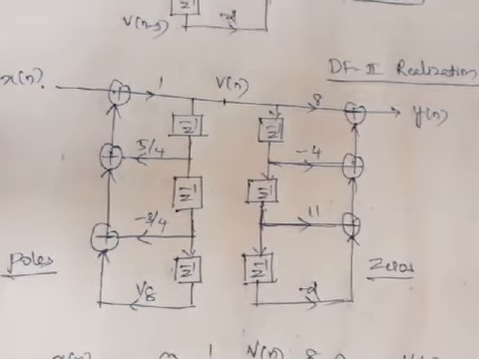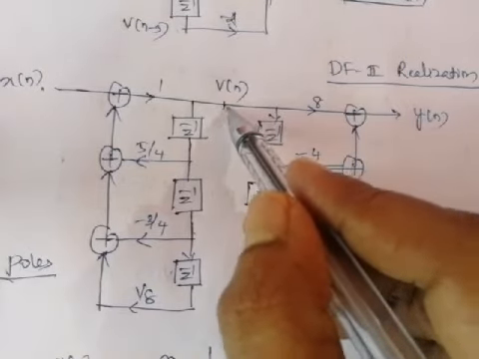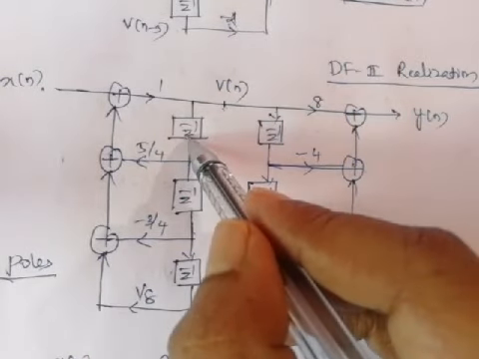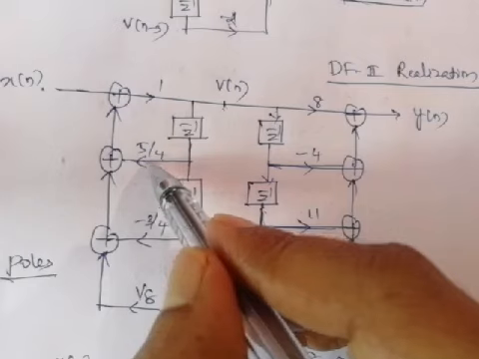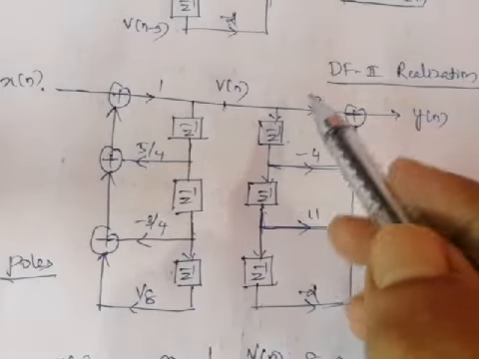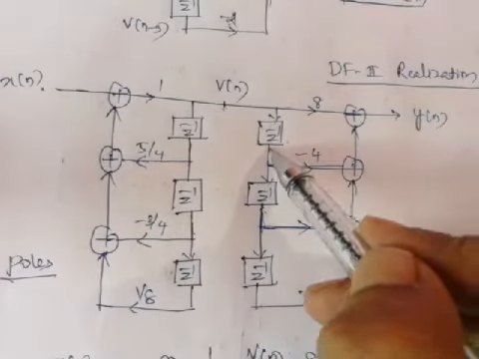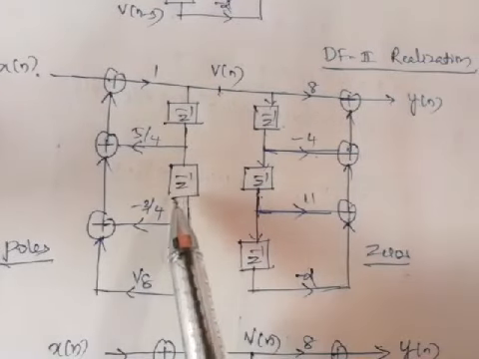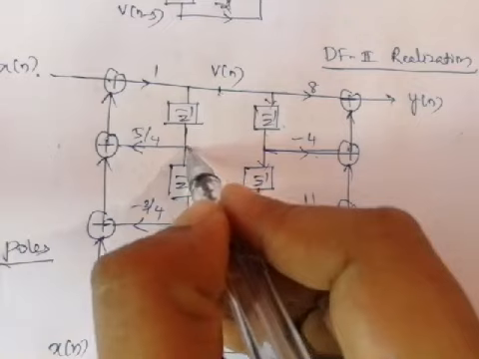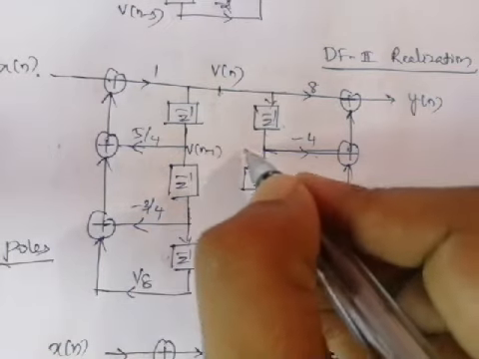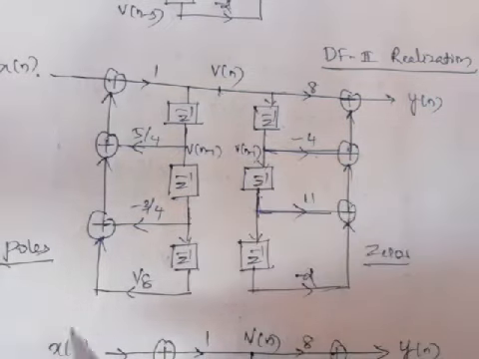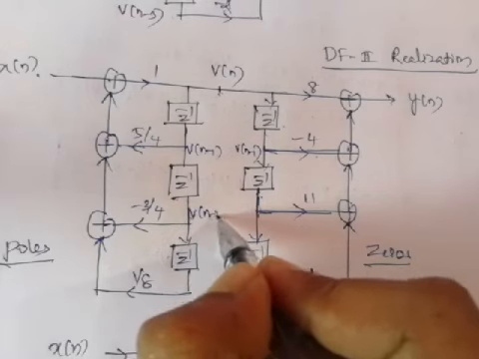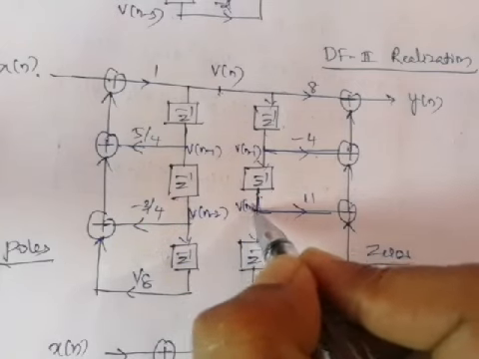See, observe here in this diagram, v of n is delayed one time here, and coefficient term is 5 by 4. In the zero system, v of n, same thing, is delayed one time and the coefficient is different. Coming to the second stage, v of n is delayed twice. Here we are getting v of n minus 1, here also v of n minus 1. Here v of n minus 2, here also v of n minus 2.